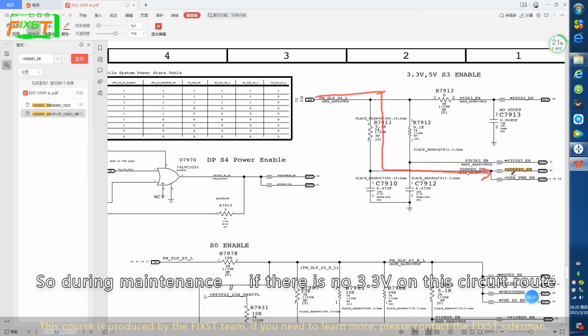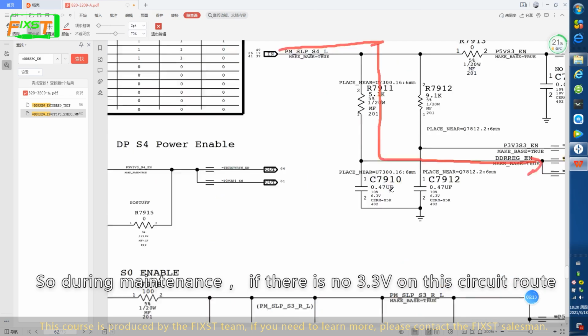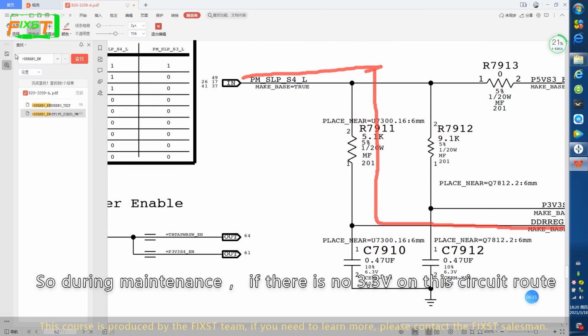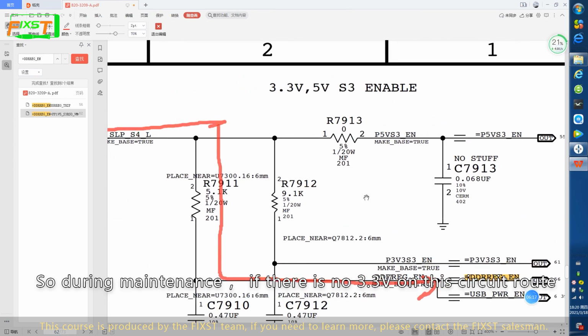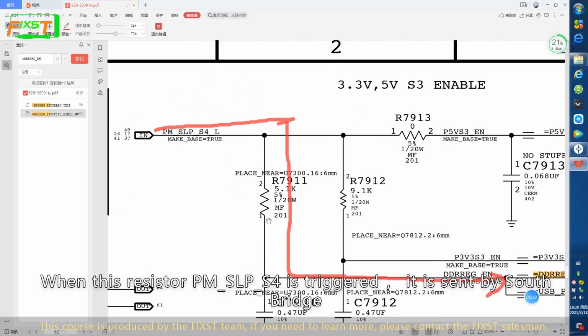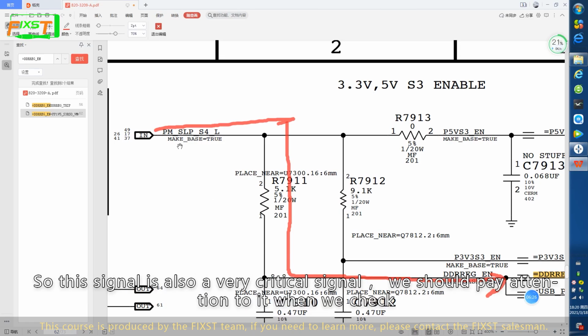So during maintenance, if there is no 3.3V on this circuit road, when this resistor PMSLPS4 is triggered, it is sent by the soft bridge. So this signal is also a very critical signal. We should pay attention to it when we check.